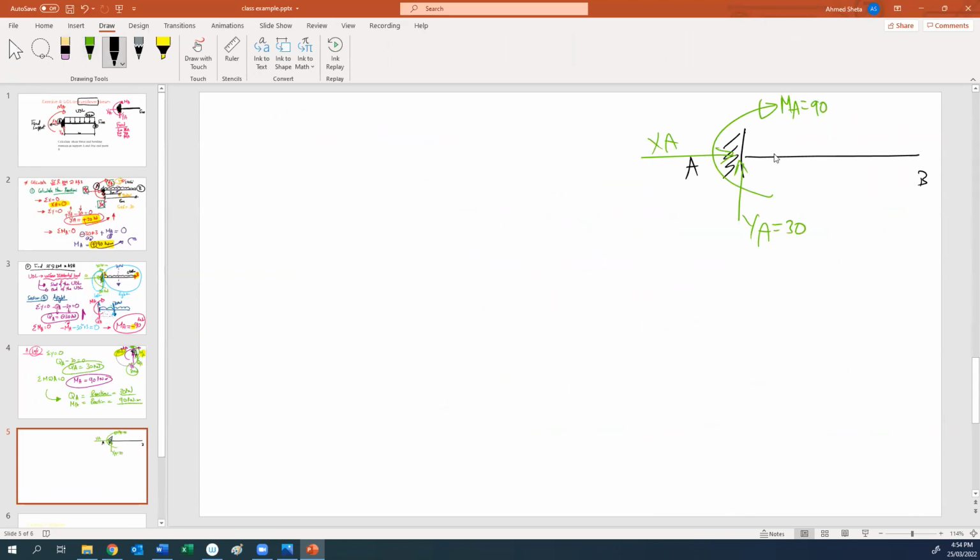We have the load here, 5 kilonewton per meter, and the resultant is 30 kilonewton.